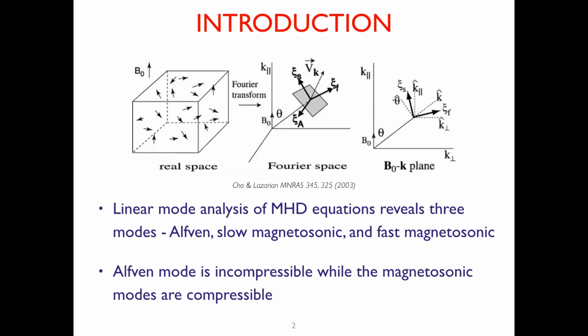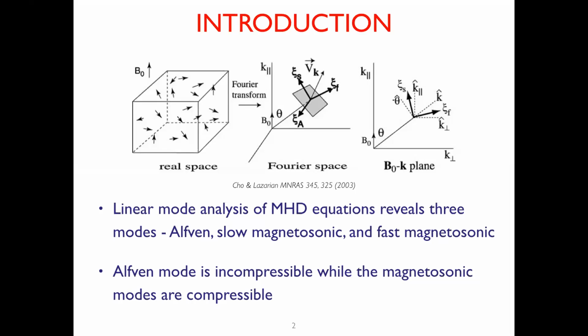The middle figure shows three eigenvectors. Xi is the displacement vector of that mode: Xi A for the Alfvén mode, Xi S for the slow, and Xi F for the fast. And you can see that they are different.